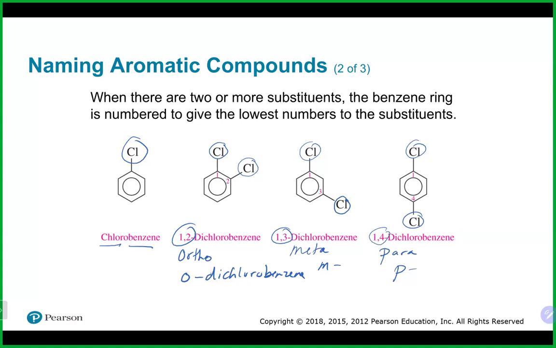Question: for each of those, you would do, for example, m-dichlorobenzene or p-dichlorobenzene? Yeah, still the same. They're a little bit different because of the positioning on the ring.